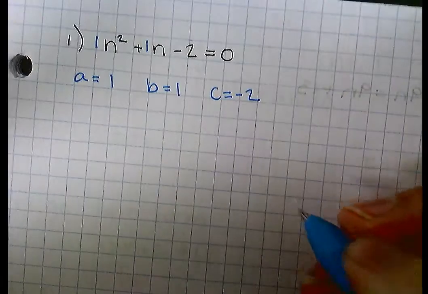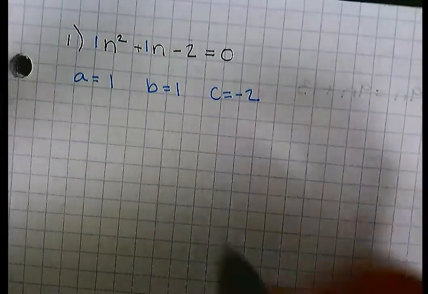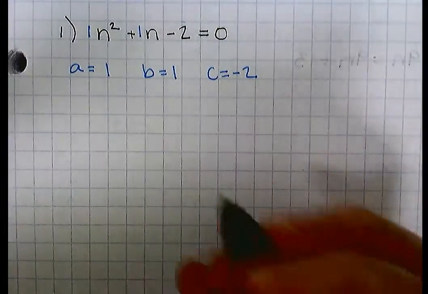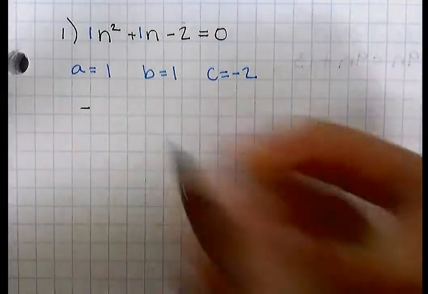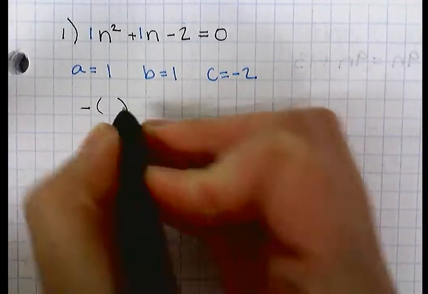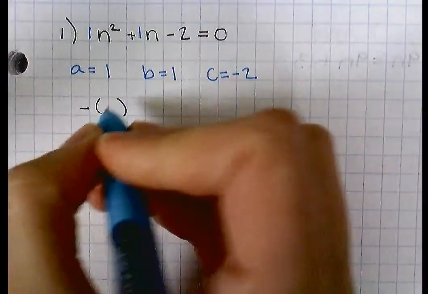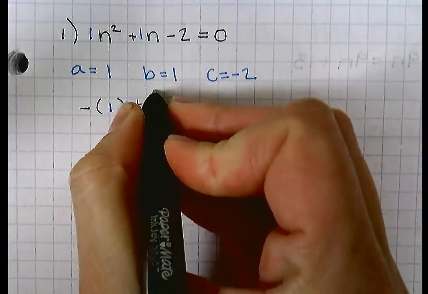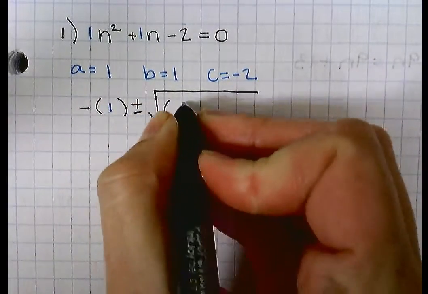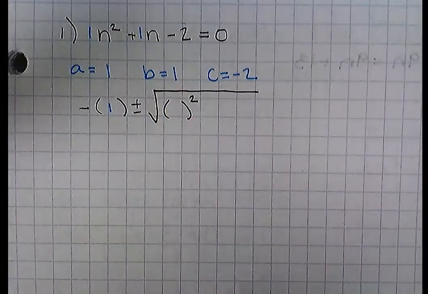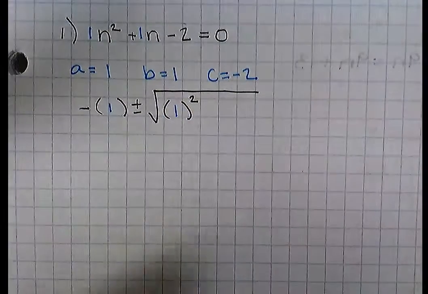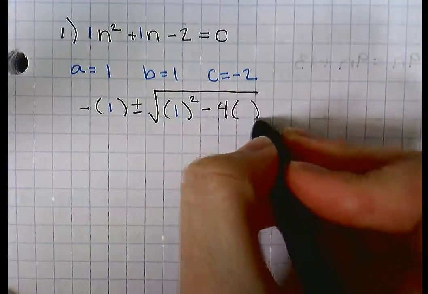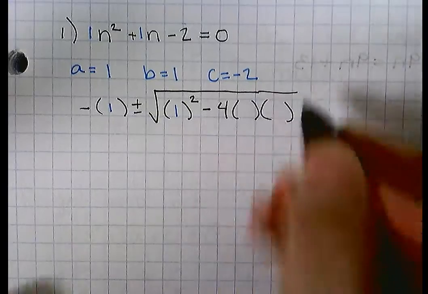Now we're going to plug it into the quadratic formula, which you should have in your notes from the other video. I will do -b, and b is 1, plus or minus the square root of b squared, again b is 1, minus 4 times a and times c.